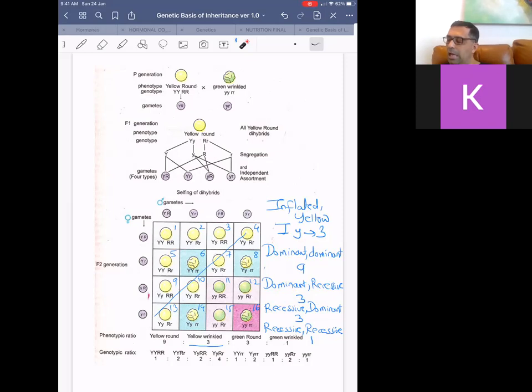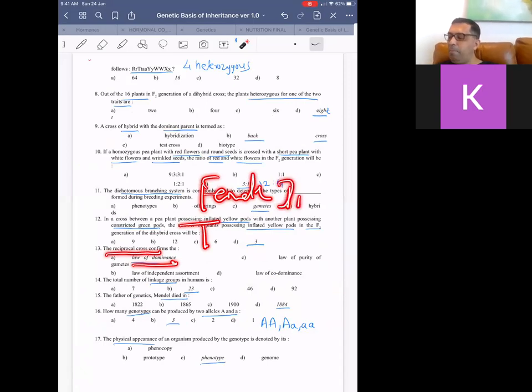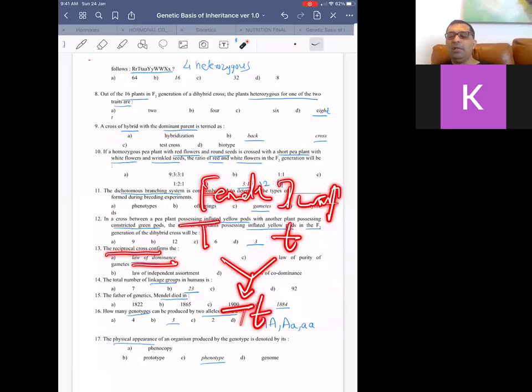Correct. And the reciprocal cross confirms the law of dominance. What is reciprocal cross? If you have taken a tall plant as female and dwarf plant as male, then in F1 generation you got capital T small t, and that means it's a tall plant.